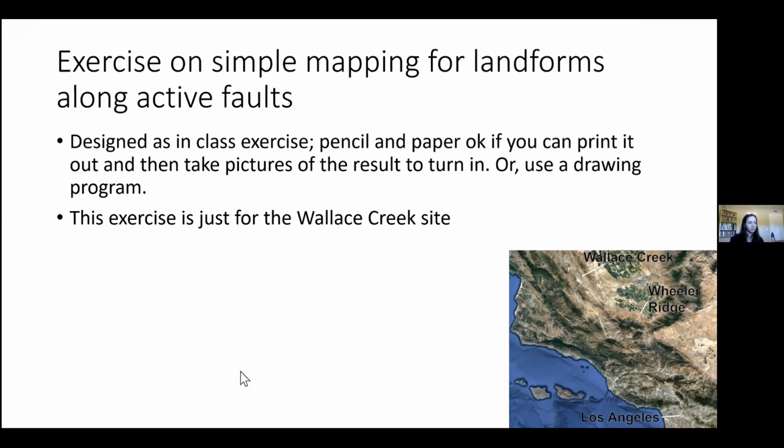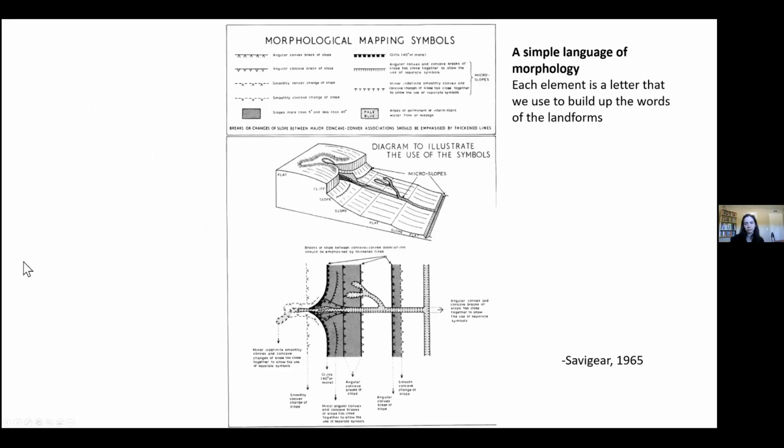I developed this more broadly and have applications for a couple of places in California. But this exercise for our class is just for Wallace Creek. So you can see where it is in California along the San Andreas Fault.